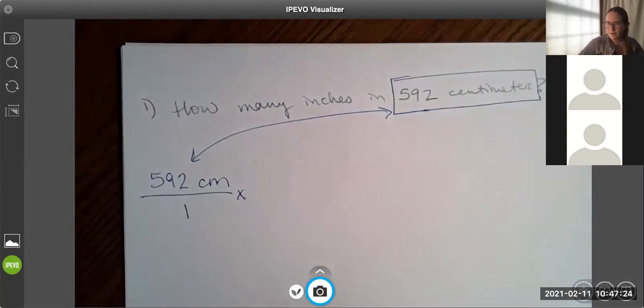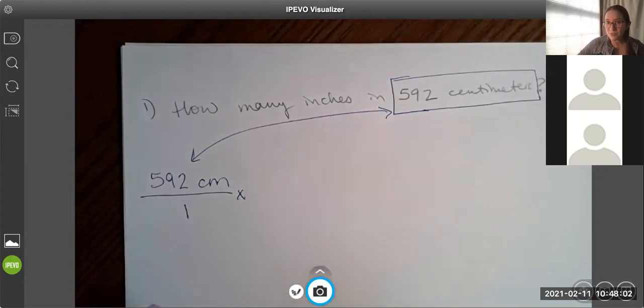And where do we want to end? What is it that we're trying to find? The answer? Totally. Yes. And when we find the answer, we want the answer to be how many. Centimeters. Okay.